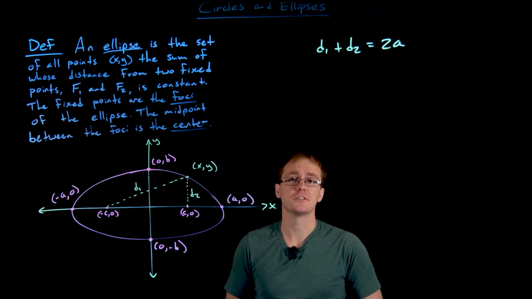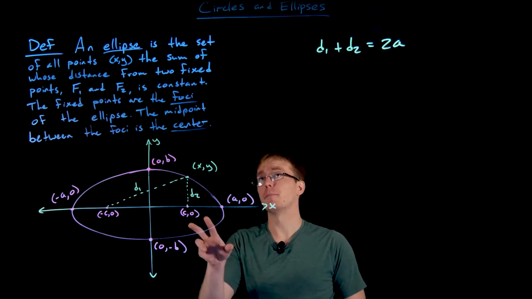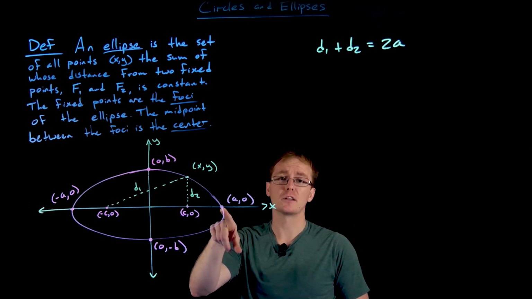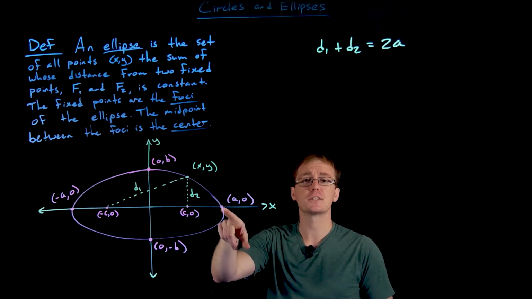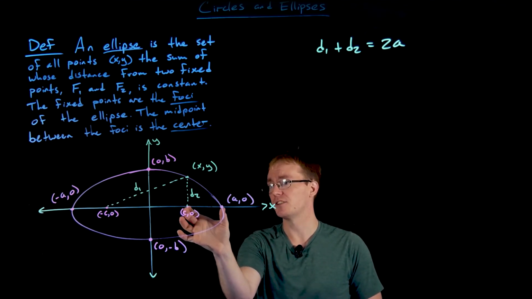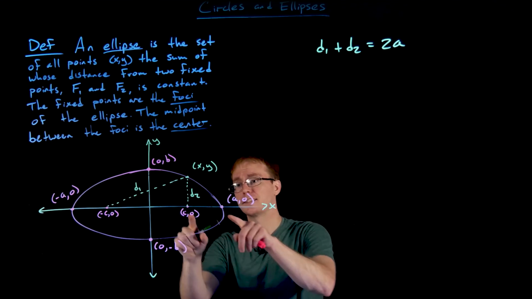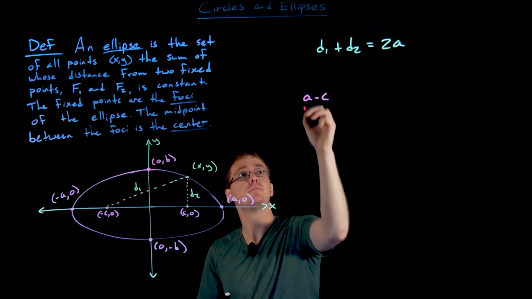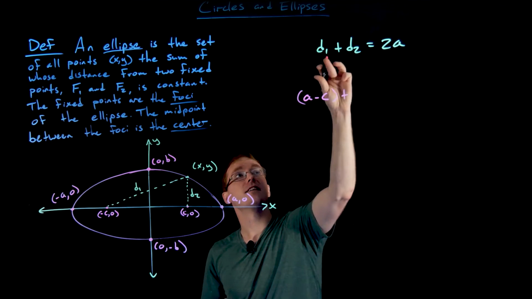We're going to try not to get too lost in the weeds here, but remember, d1 is the distance from our focus to one point on our ellipse. Let's focus on that vertex point at (a, 0). So what is the distance between (c, 0) and (a, 0)? Well, that distance is this horizontal distance, just a minus c. So that is our d1.